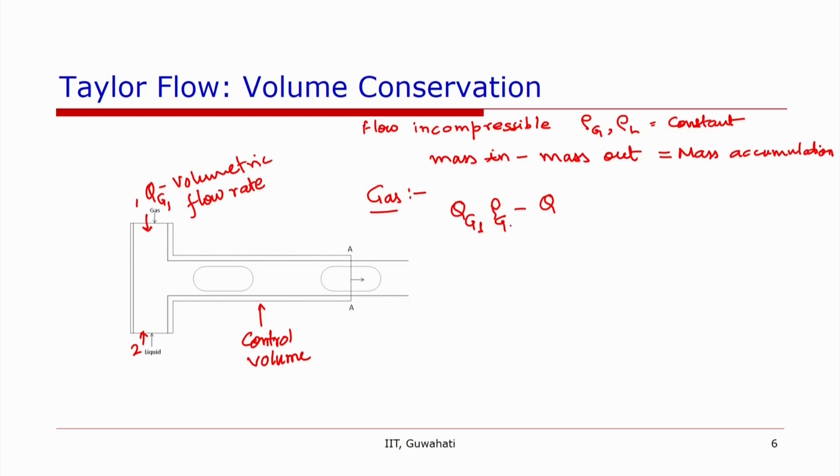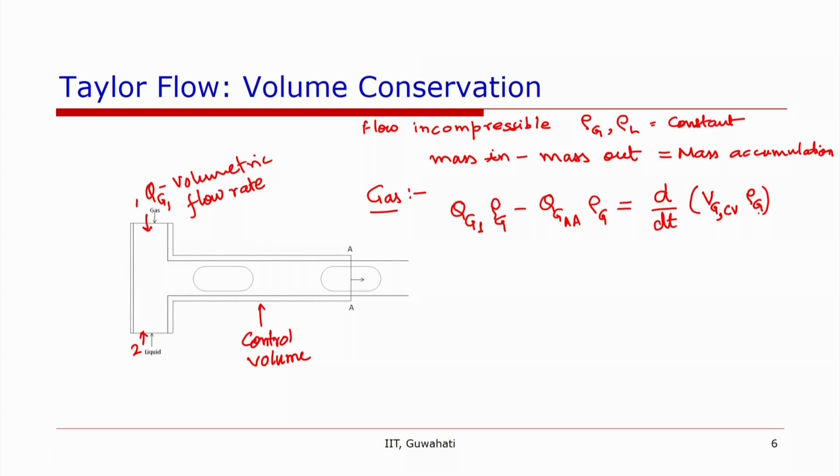So Qg1 rho g minus Qg AA rho g is equal to d by dt of gas volume in the control volume, and we represent it by V gas in the control volume into rho g.